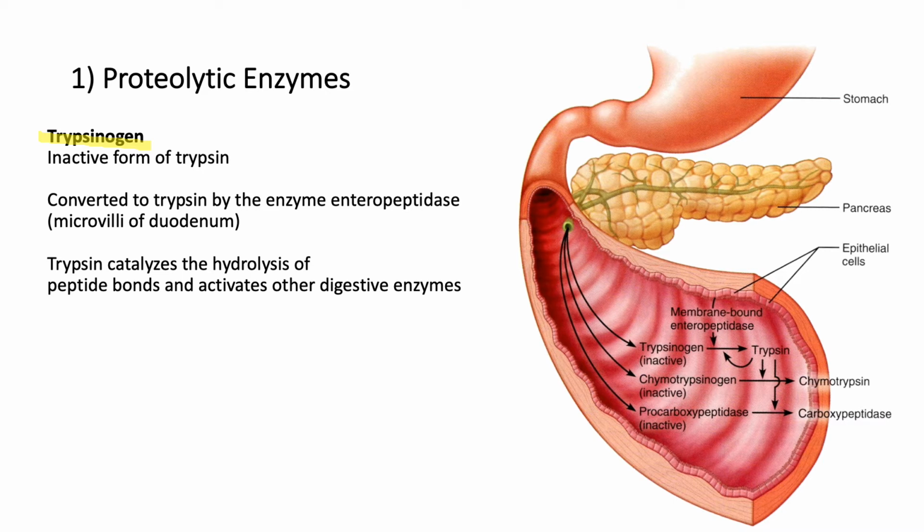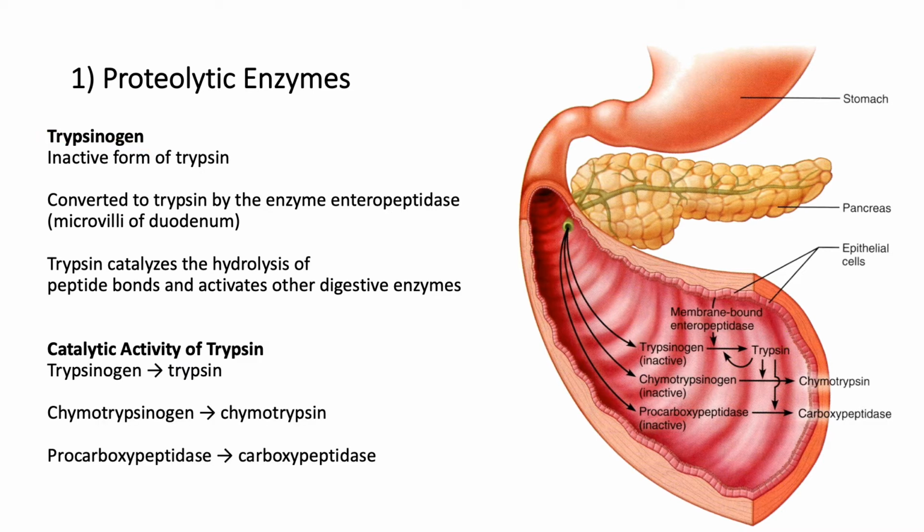So trypsinogen, I'll highlight it down here, is going to be converted to active trypsin by enteropeptidase. That's an enzyme found within the brush border. And then active trypsin can hydrolyze peptide bonds to break down proteins, and that active trypsin will also activate other enzymes, as we'll see shortly.